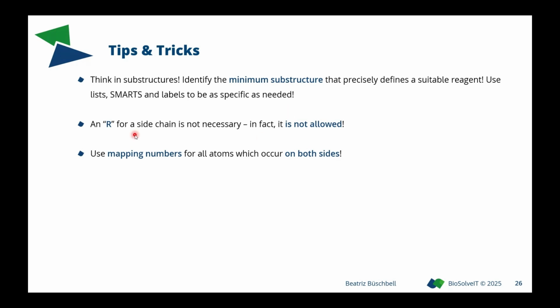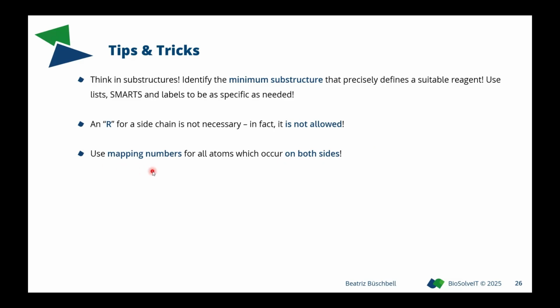What is also important to know is that R for a side chain is not necessary, as you might be used to in all your 2D drawings. It's not allowed, so CoLibri most likely will give you an error for that. And CoLibri will also complain if the mapping numbers do not match.